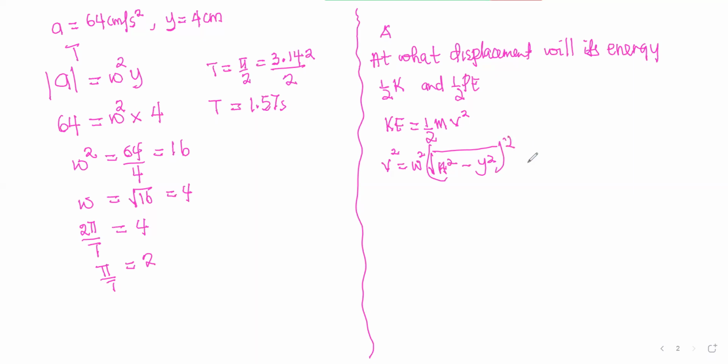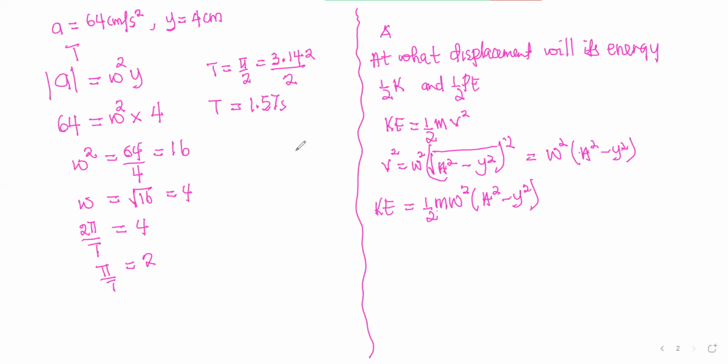So this will give us omega squared times a squared minus y squared. So therefore, the kinetic energy is equal to half m omega squared times a squared minus y squared.